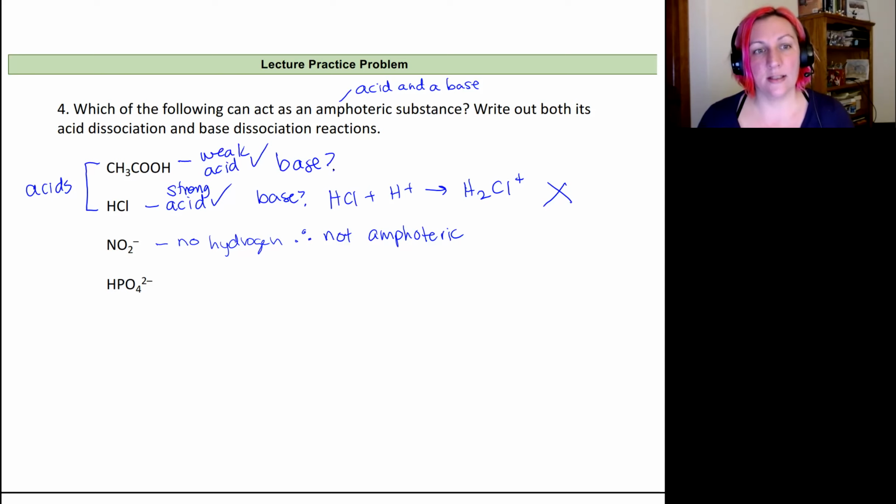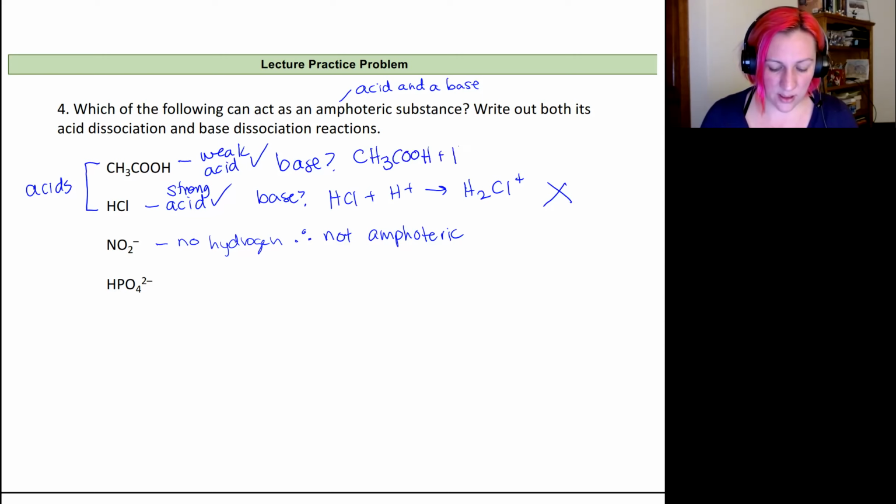But it forms a very reactive compound that will react right away, so it's very transitory and unlikely. What it would look like is that CH3COOH with an H plus would form CH3COOH2 plus. So I'm just going to put less likely.